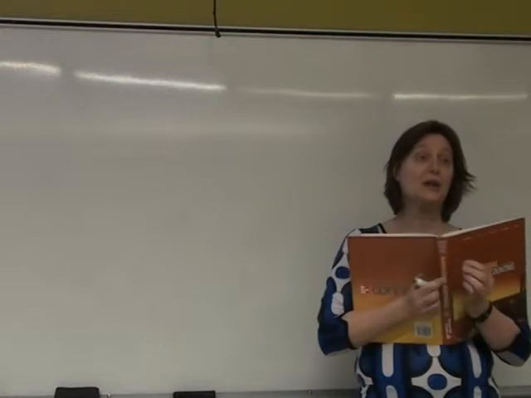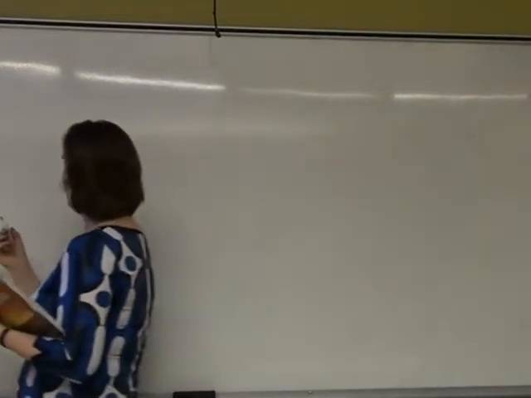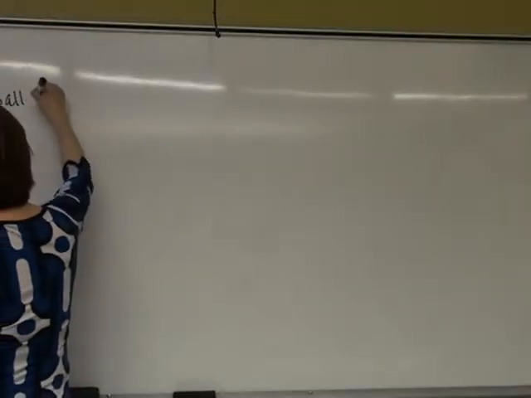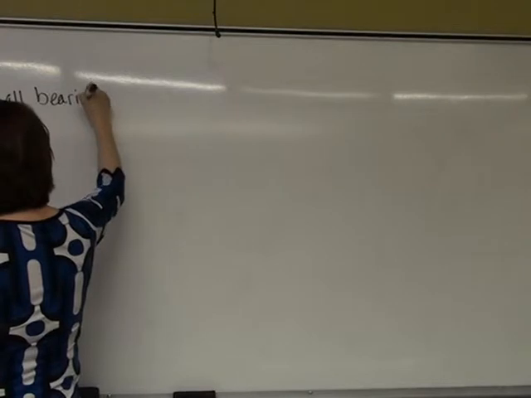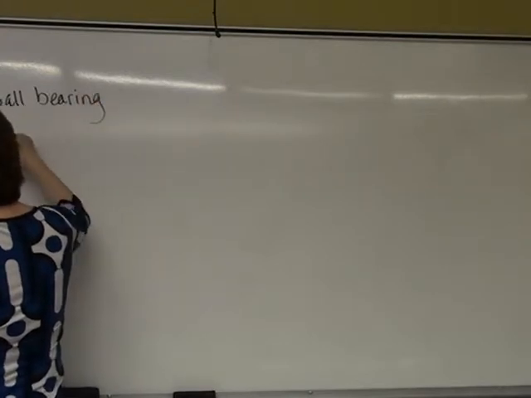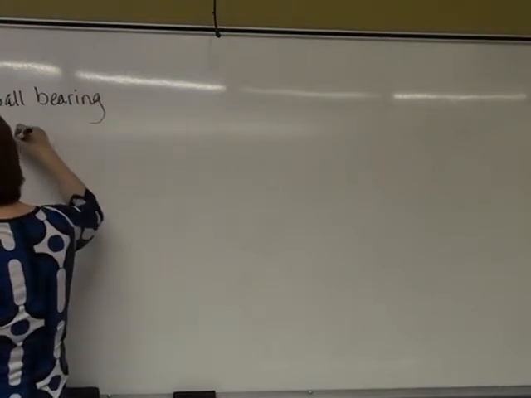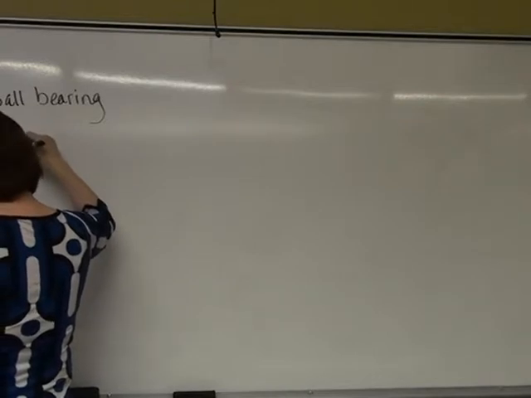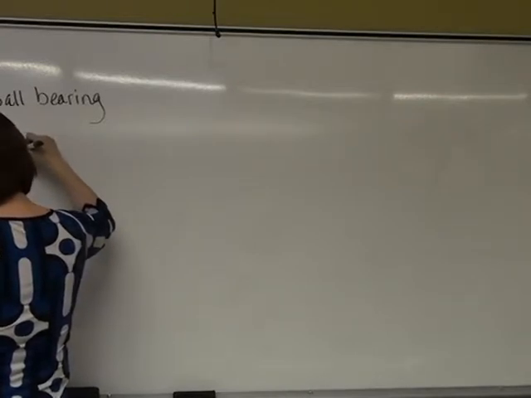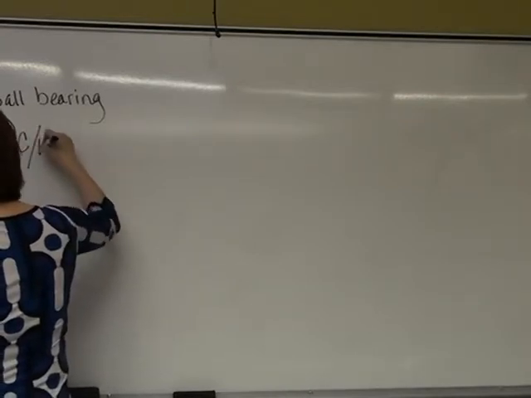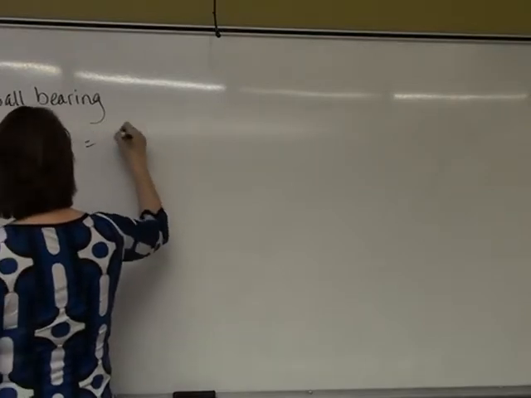So what it comes down to is the variable cost to manufacture. So if I can manufacture ball bearings for $2, so the variable manufacturing costs, I'm just going to put variable costs per unit are $2.